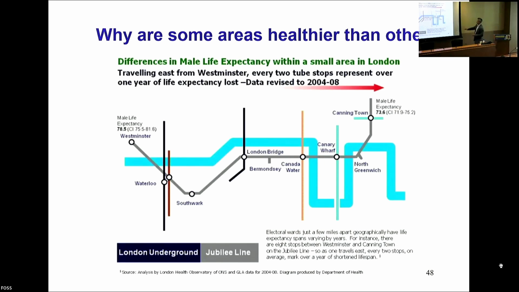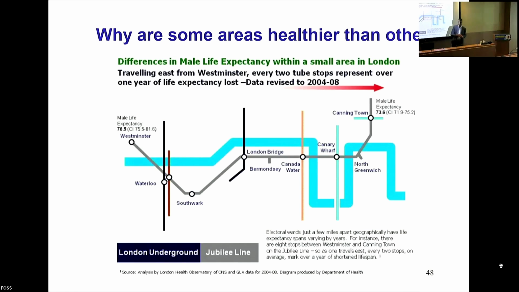So here is an example of life expectancy differences in London MTR stops. Here we've got very high life expectancy, 78.5. Here we've got relatively low life expectancy, 73.6.